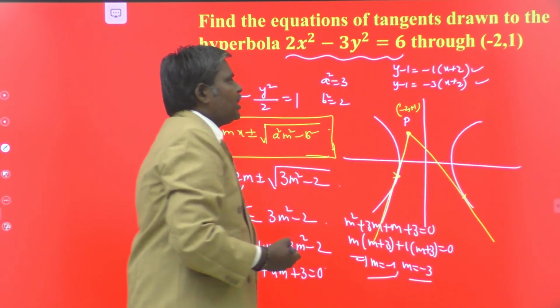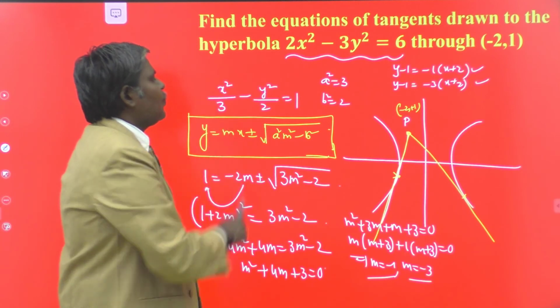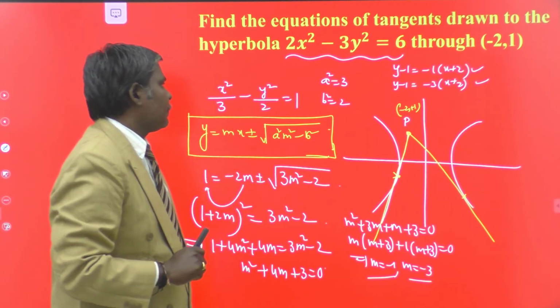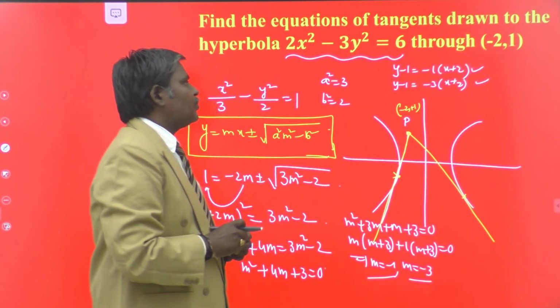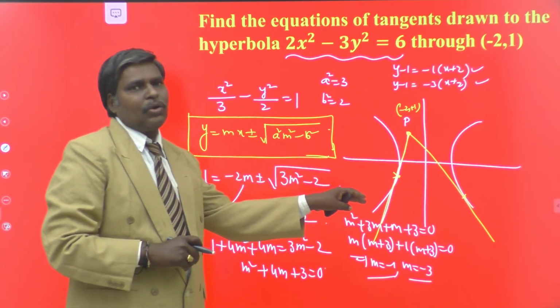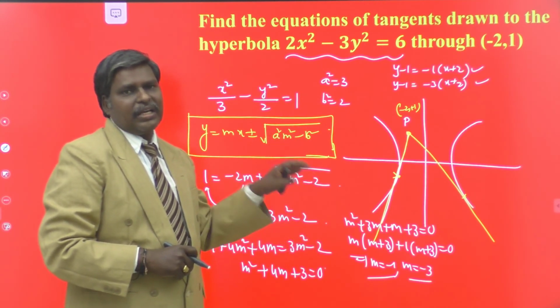These are the two equations of tangents to the hyperbola through the point (-2, 1), which is not on your hyperbola. So this is the way to find out the equation of tangents through the point to the conic, either parabola or ellipse or hyperbola, whatever it may be.